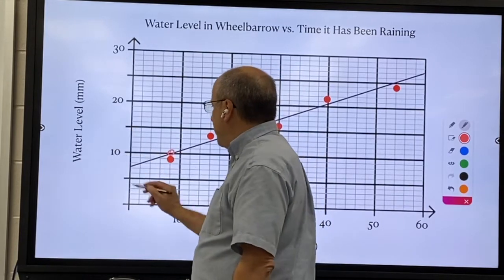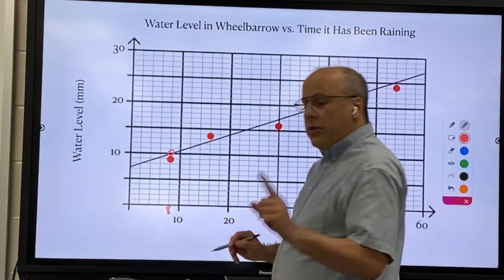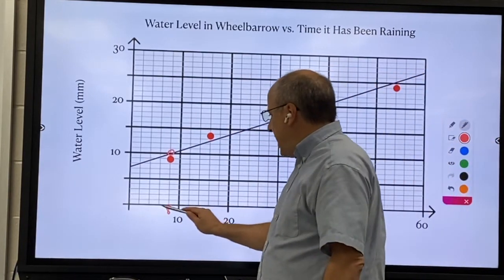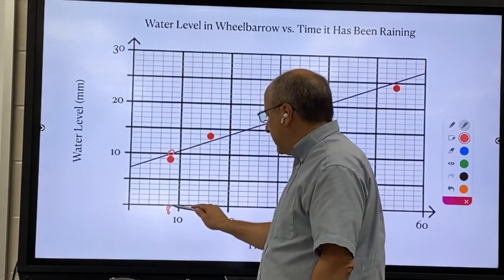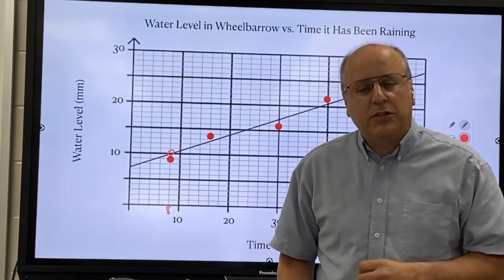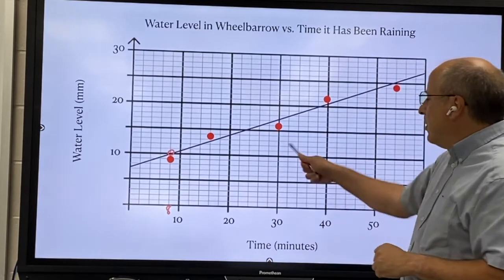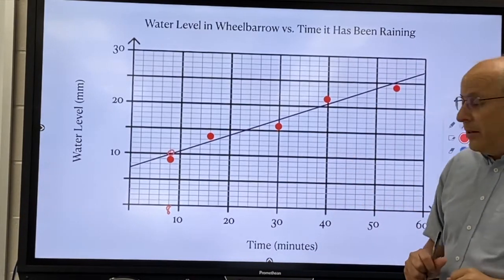So we have 10 millimeters and about 8 minutes. Notice, since this is 10, this would be 2, 4, 6, 8, 10. You've got to figure out how much each little line is worth. Don't just do rise over run like in math class, because the blocks are worth different amounts.